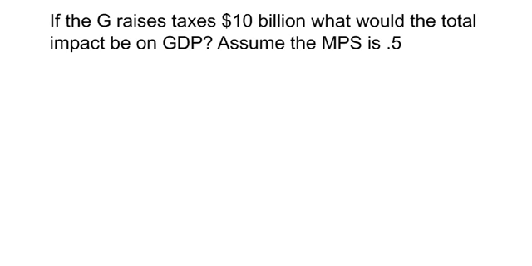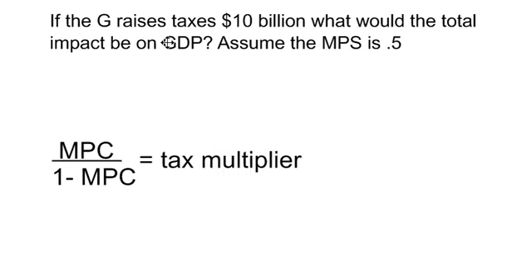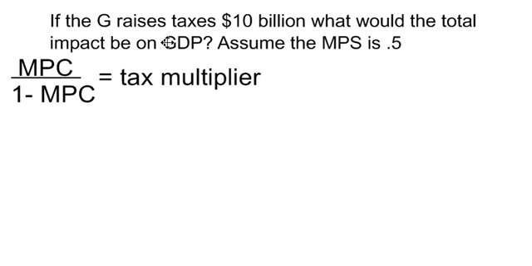So in this case, we can either use the same multiplier we've been using and just reduce it by the amount that people will save, or you can use the tax multiplier. Let's look at it using a tax multiplier. It's the MPC over 1 minus the MPC. So our MPS is 0.5. That means the MPC must be 0.5.